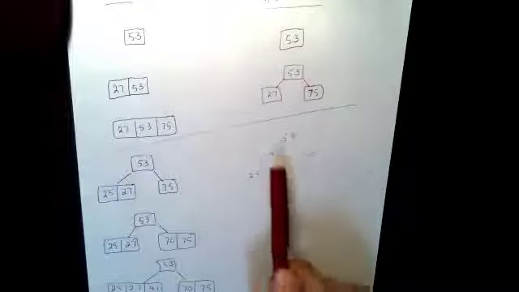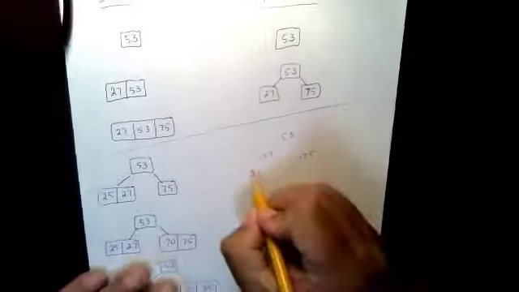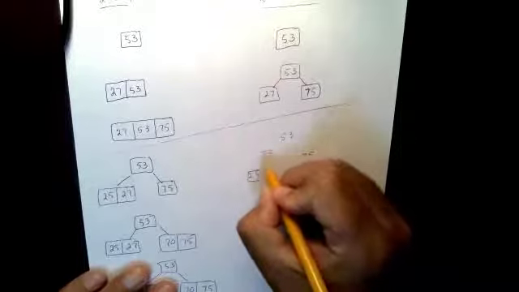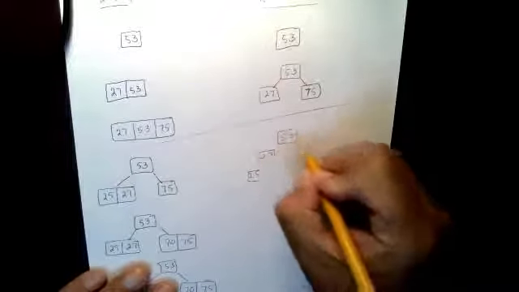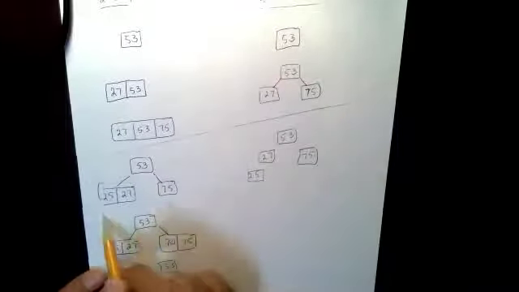Well, what happened? All of a sudden, I had 25 come into play, and I'm okay with all of that. And by my cheat over there on the left, I know what my links should be.